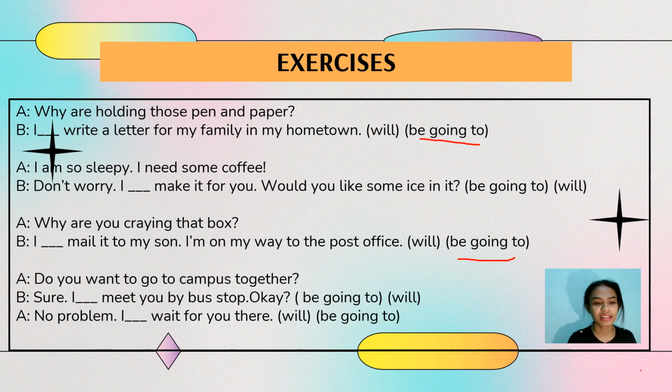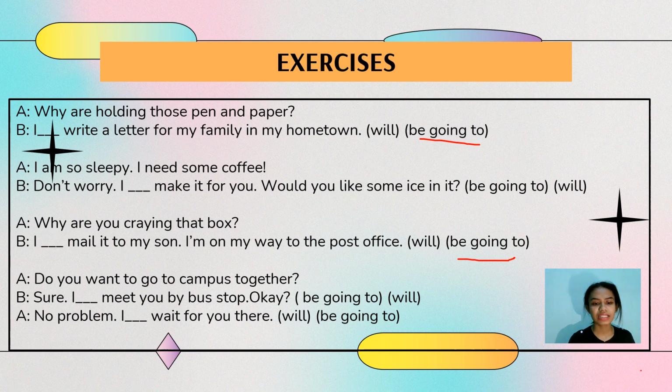Then last, A said, "Do you want to go to campus together?" And B said, "Sure, I blah blah blah meet you by the bus stop, okay?" And A, "No problem, I blah blah blah wait for you there." And the answer for B, is it be going to or will?